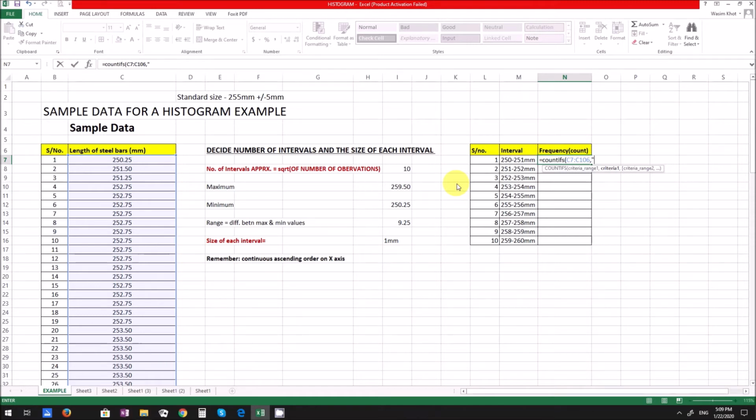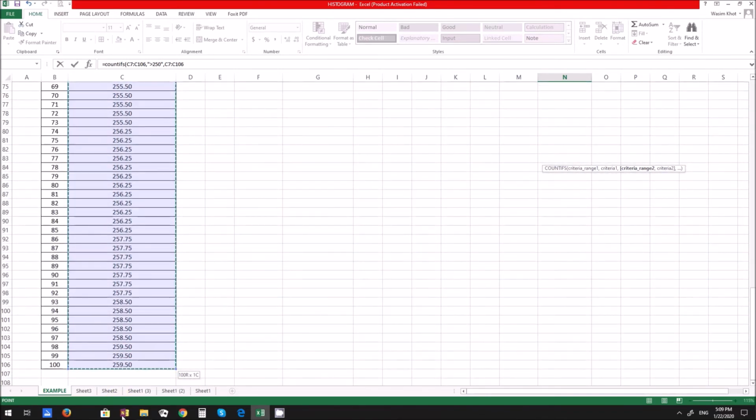It should be in double quotes, greater than 250, close the double quotes. Then we have to provide the next criteria and the range for the next criteria, which will be the same.